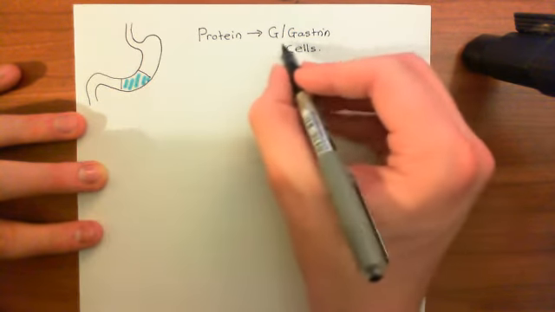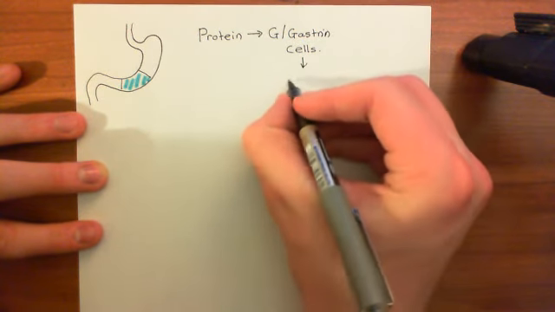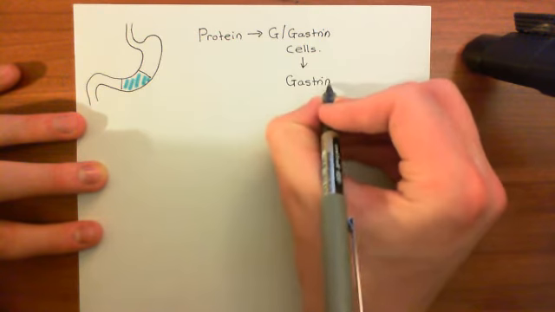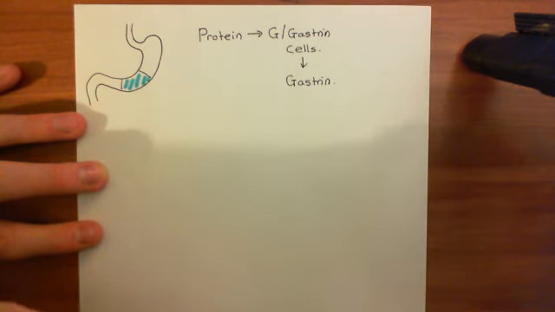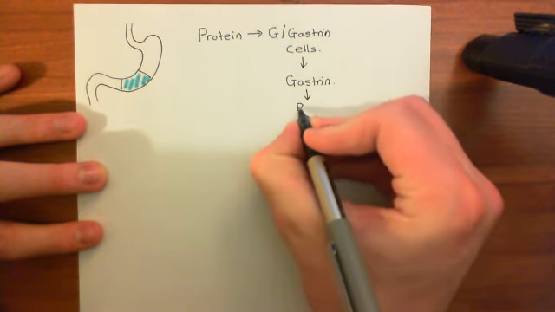And these G or gastrin cells will then start secreting gastrin. So the G cells in the wall of the antral portion of the stomach will secrete gastrin, the hormone after which they are named, in response to protein being present within the lumen of the stomach. And this gastrin will be secreted into the blood.